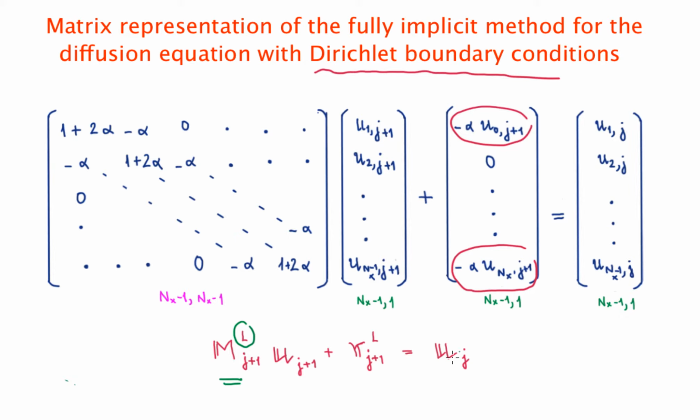So we already got it, and now, as we have a square matrix, the basic aim is to clear an explicit expression for the u vector evaluated at time j plus 1. And we can do that because we have this A matrix, which is a square matrix.